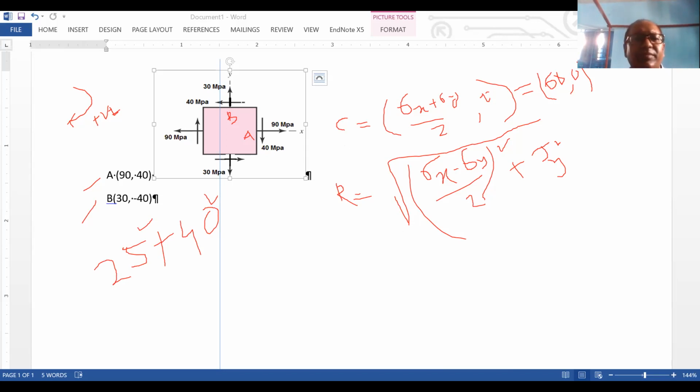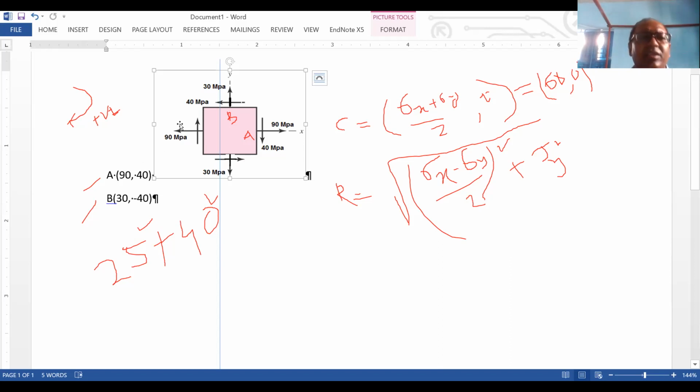Sir, 47.169. Yes, sir. See, am I making a mistake or not? 90 minus 30. I think I'm making a mistake over here. Sigma x is 90, sigma y is 30, right? 90 minus 30, how much? 60, right?